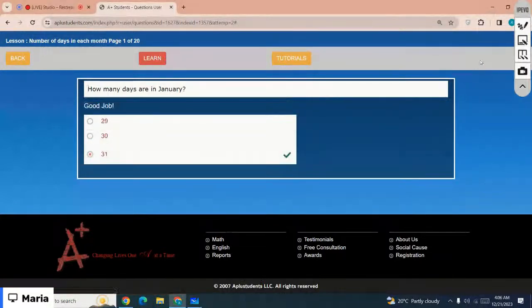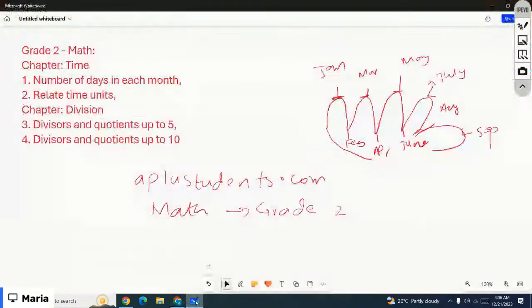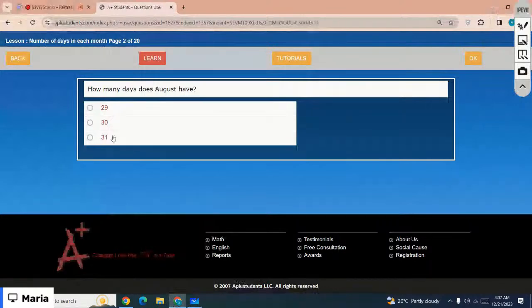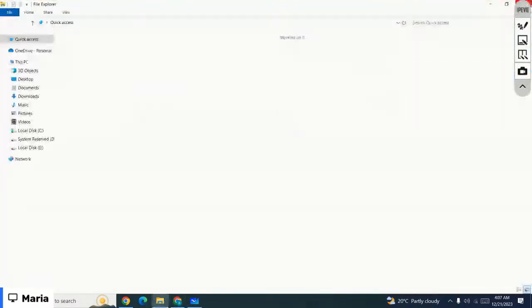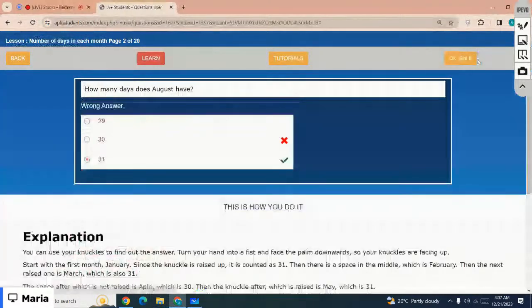How many days does August have? So you need to calculate the days in August. Let's just see where August is. Here is August. That means August has just 30 days. The correct option is 30.